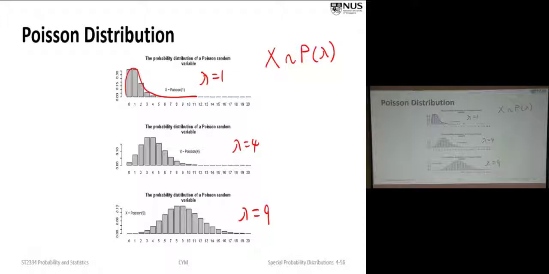Don't forget, x supposedly takes the value from 0 up to infinity. But the probability for those large x values is very, very small, unless your lambda is very huge. Okay, so how does lambda, the parameter, relate to the expectation of x and the variance of x?